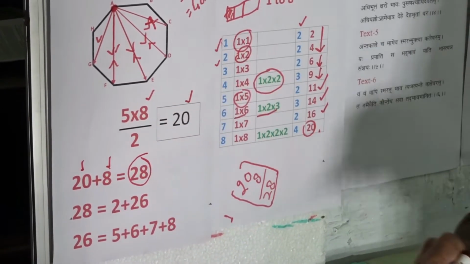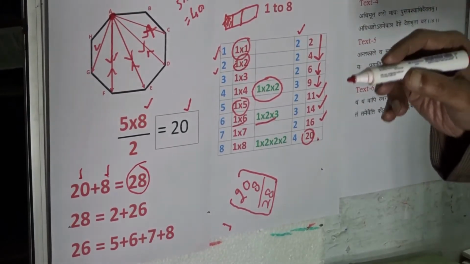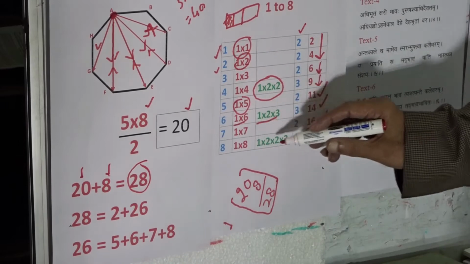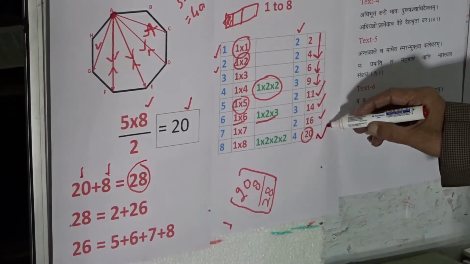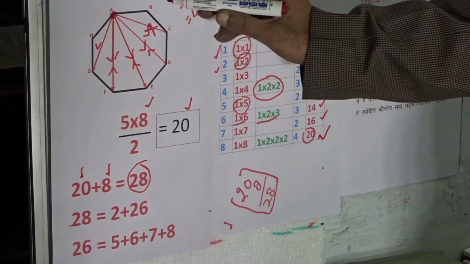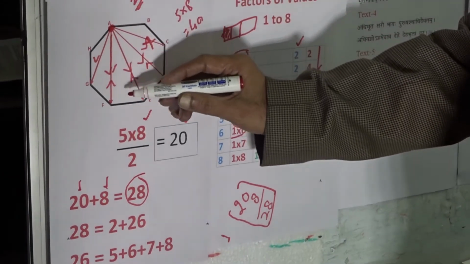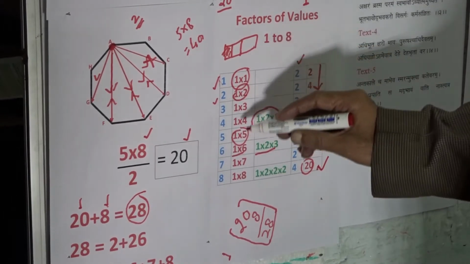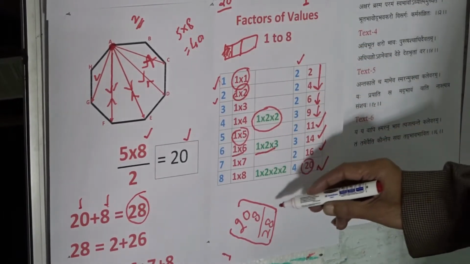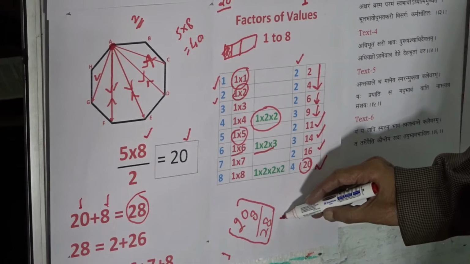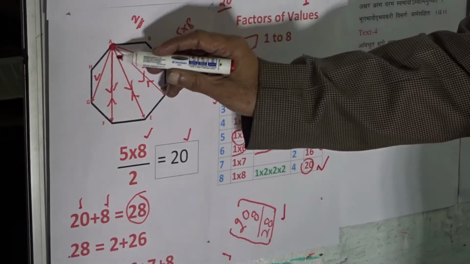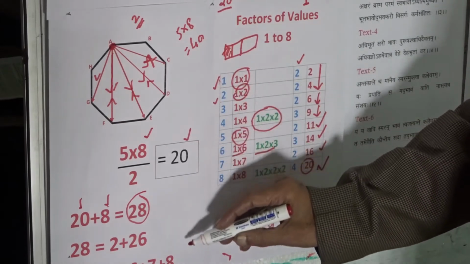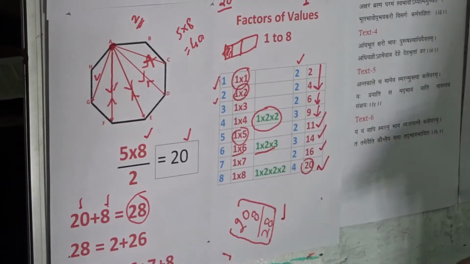One may have a pause here and take note that the values range 1 to 8 is leading to 20 factors and the octagon is leading to 20 internal diagonals. The value 1 to 8 plus 20 factors lead to value 28, and likewise 8 sides of octagon and 20 internal diagonals lead to value 28.